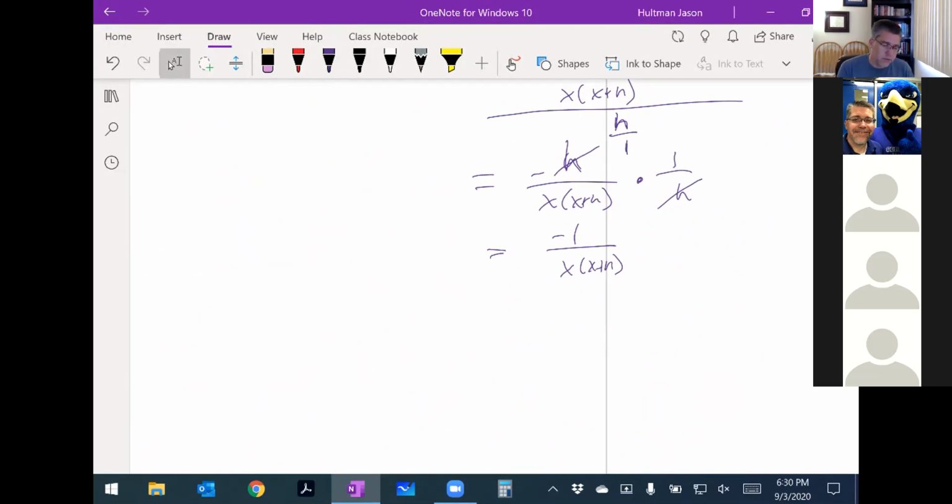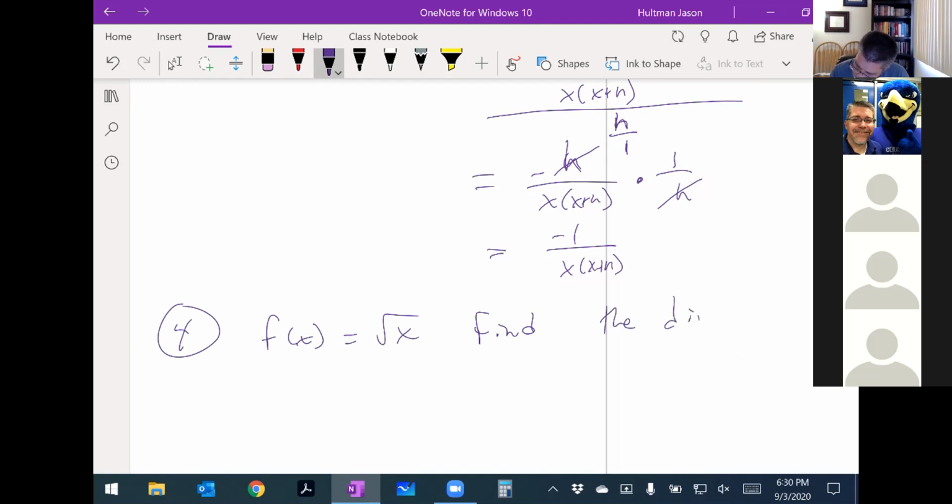Okay, let's see what we can do with this one here. For f of x equals square root of x, find the difference quotient.